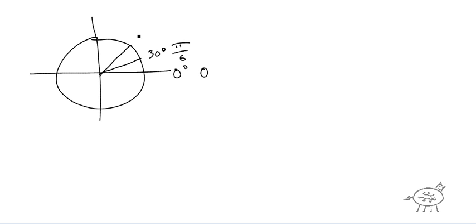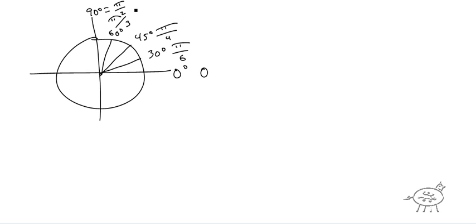The middle one here is 45 degrees, and that's going to be pi over 4 radians. And this one is going to be 60 degrees, and that's going to be pi over 3 radians. And then 90 degrees straight up here, which is pi over 2 radians.